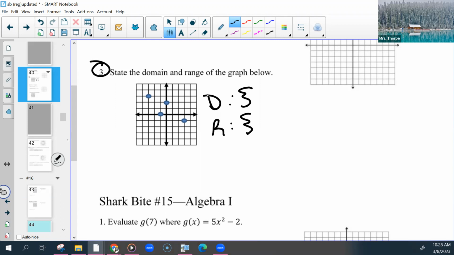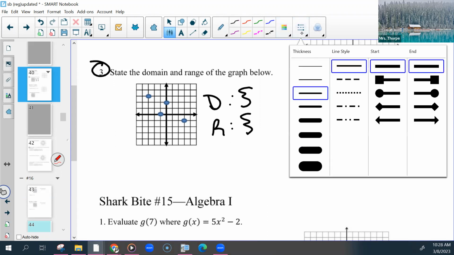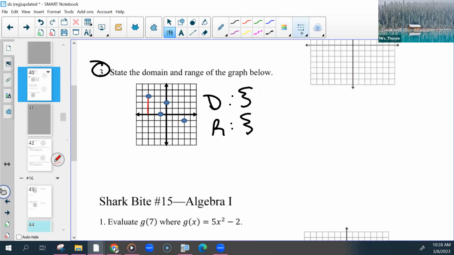So domain, furthest left to furthest right, would be -3, -1, 0, and 3. So least to greatest, left to right.